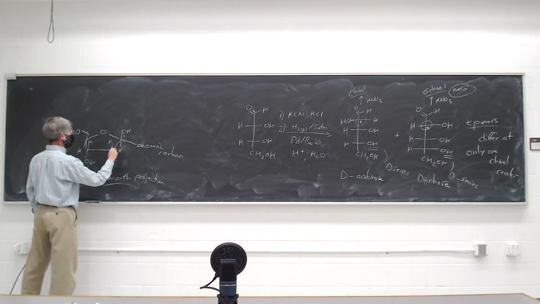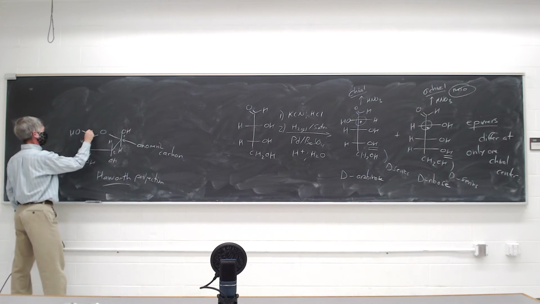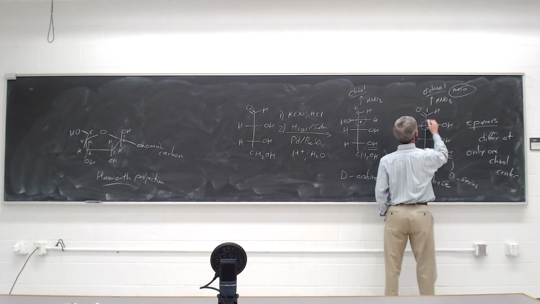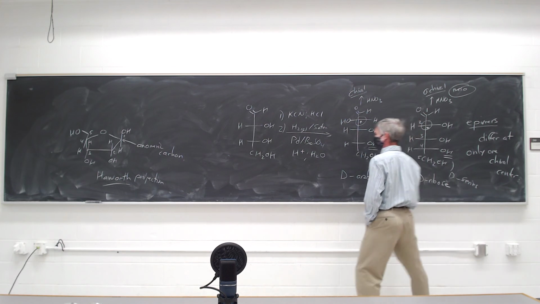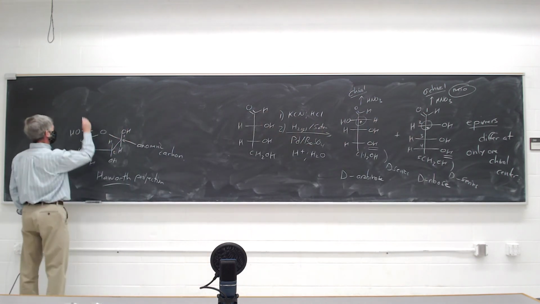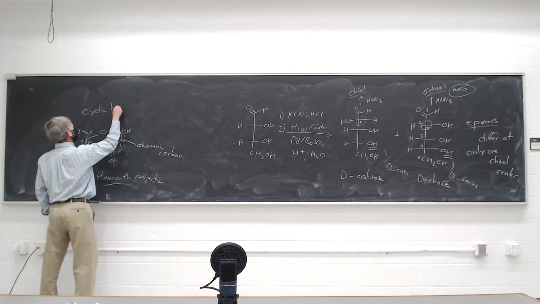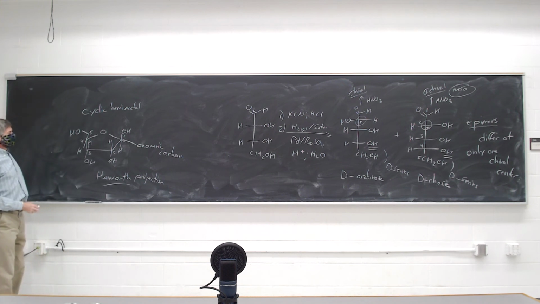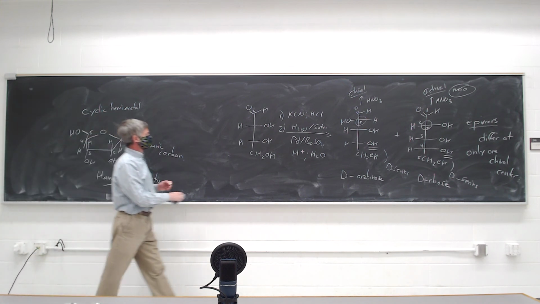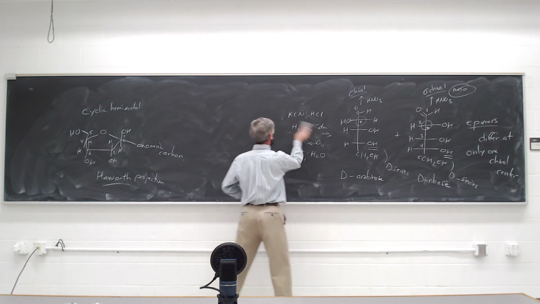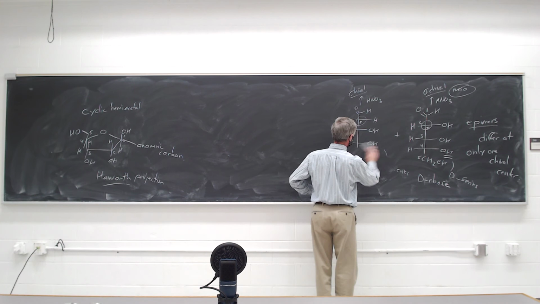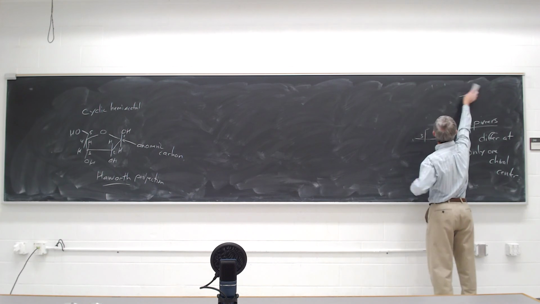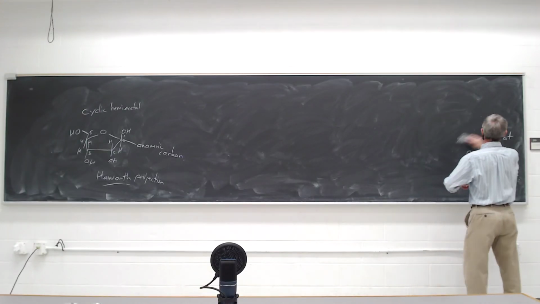Carbon 1 here is referred to as the anomeric carbon. That's this carbon. And what we've done is we formed a cyclic hemiacetal. It's an equilibrium reaction. And again, we formed a new chiral center. So it's possible to have two different isomers of that chiral center at carbon 1, which used to be the free aldehyde.